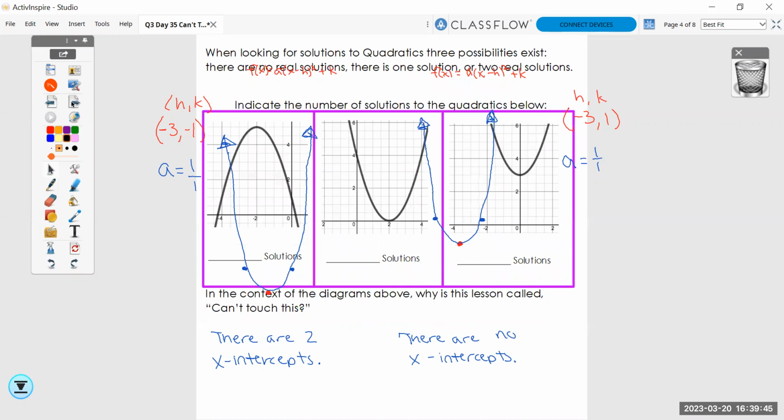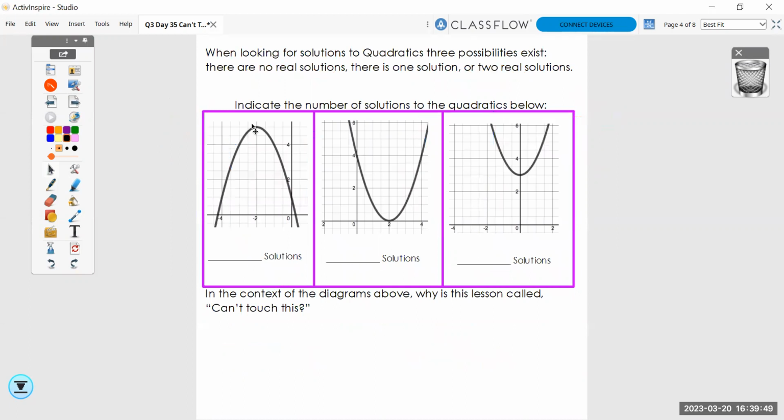So we could have a situation like the first one we drew, where we have 2 solutions, right? 2 places where it crosses the x-axis. Another situation we could have is 1 solution, which means our vertex is our x-intercept. And then the last situation that we could have is 0 solutions.